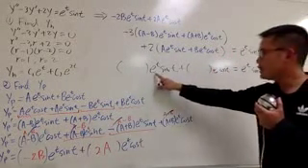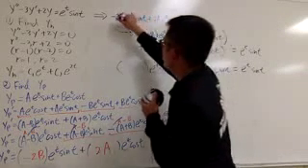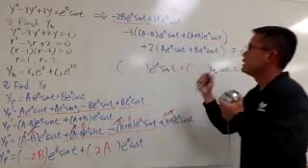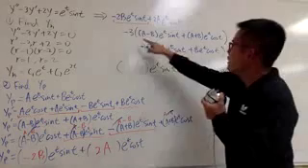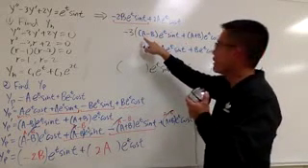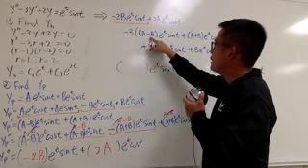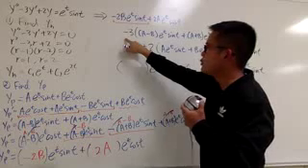So let's look for all the terms that have e^t sine t. First of all, I'm looking at this, right? This right here has e^t sine t, and this right here also has e^t sine t, but be sure you see we have a times negative a minus b like this, but we have a negative 3 in front.